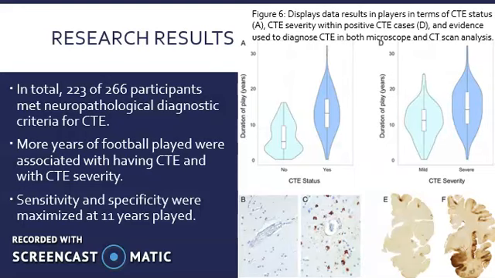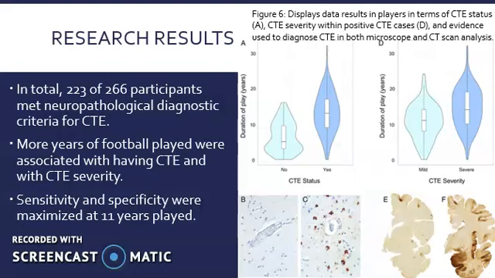So we can see here in D specifically that the plot thickens around 11 years for both mild and severe, showing that the CTE development is maximized at this length of chronic trauma for both mild and severe cases. So that means that the symptoms seem to develop at this case. Severe CTE was shown to have similar rates beyond 11 years as well.